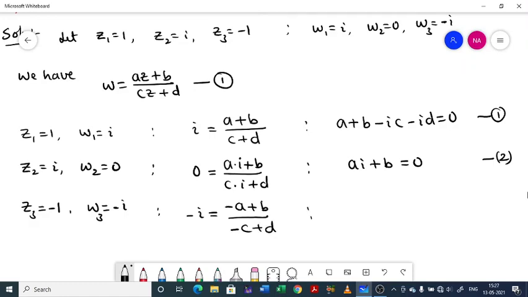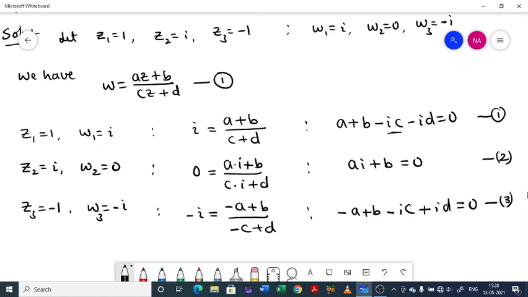From this we get minus A plus B equal to minus i into minus C, that is Ci, and taking this to the other side, minus A plus B minus iC plus iD equal to 0. That is equation 3.